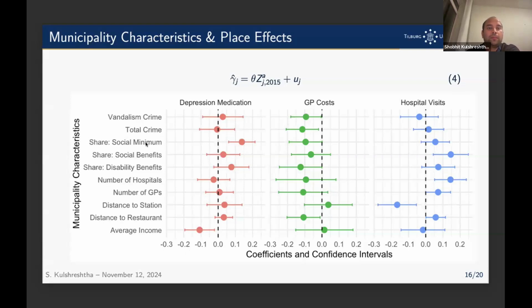For example, if the share of the population living below the social minimum is higher in a municipality, then you are more prone to take depression medication. And if the average income is lower, you are also more prone to use it. So it's the socioeconomic status of the municipality that explains why you might end up using depression medication, and this can come directly from whether you are able to integrate into the labor market or not.